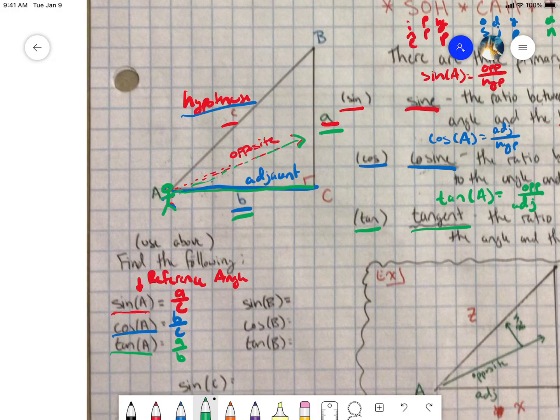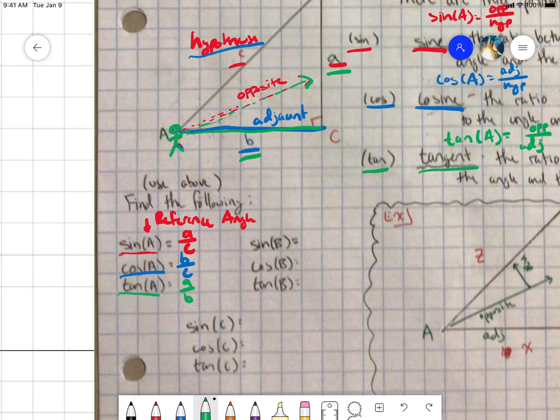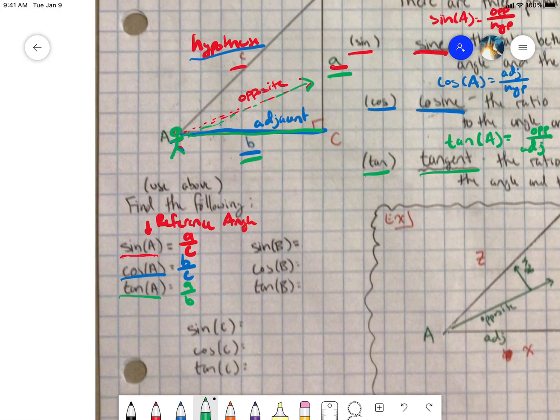Now I'm going to give you about 3 minutes, and I want you to try and fill out the rest of this table. Try to figure out what sine of B is, what cosine of B is, and what tangent of B is. I'm going to give you about 2 minutes for that one.